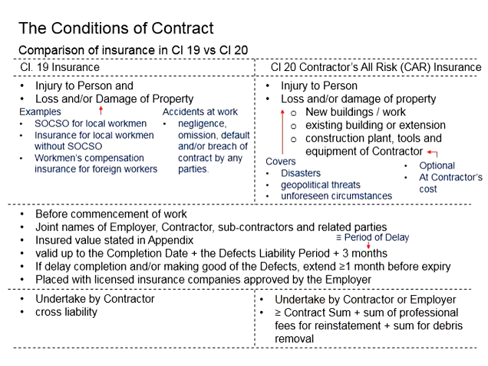In conclusion, we have two insurances mentioned in the PAM contract under clause 19 and clause 20. The insurances by nature are different, serving different purposes. One is to cover the accidents happening during the work.